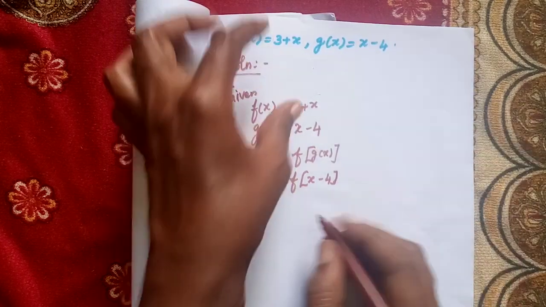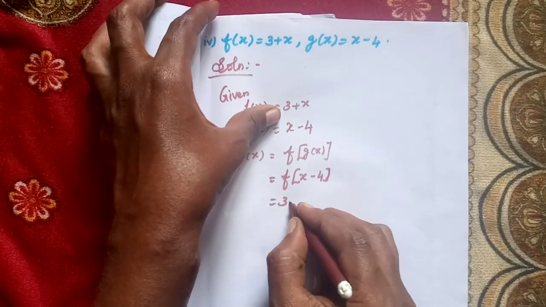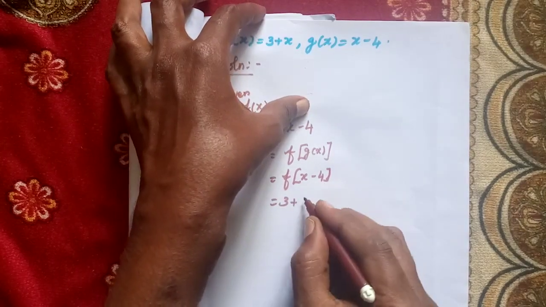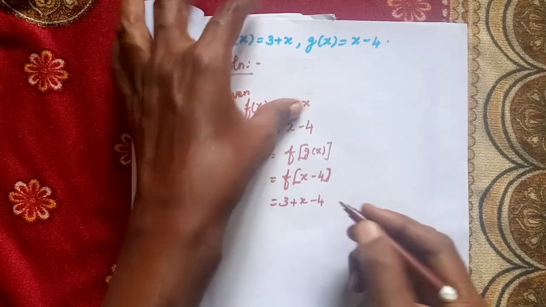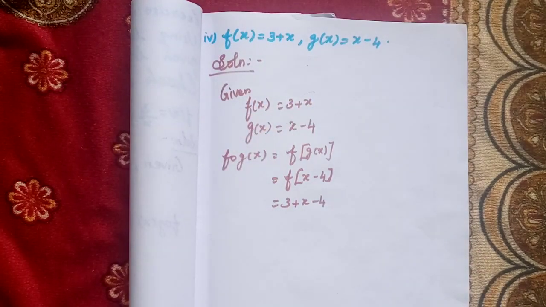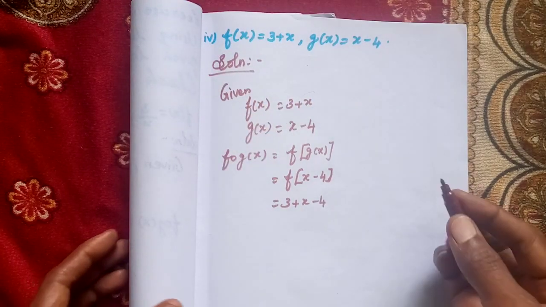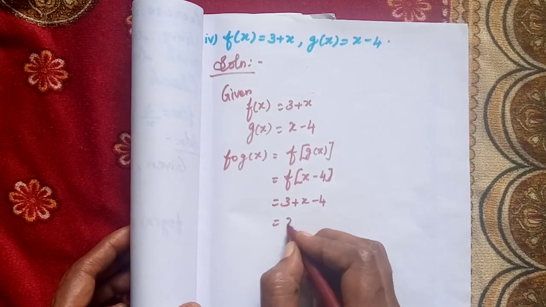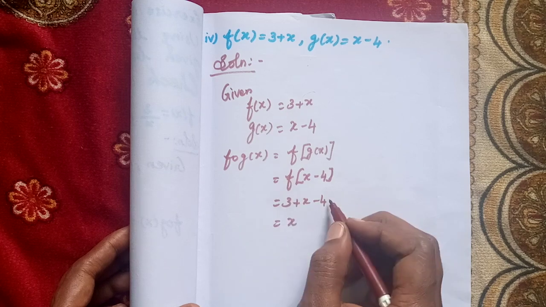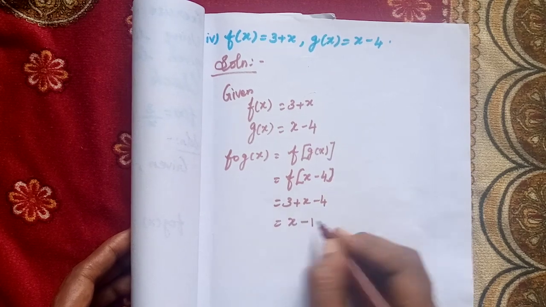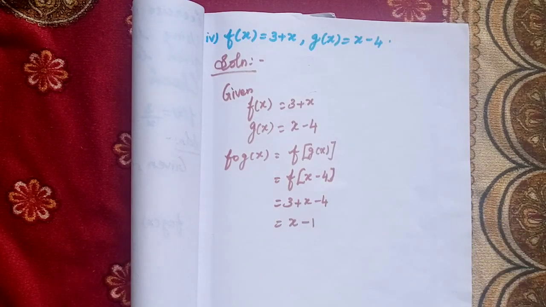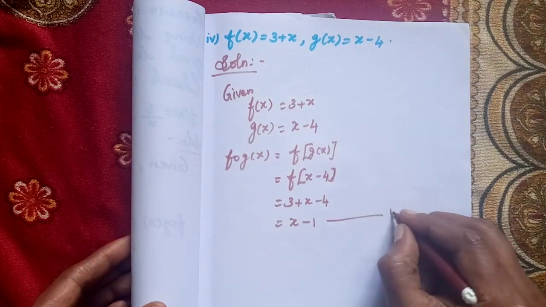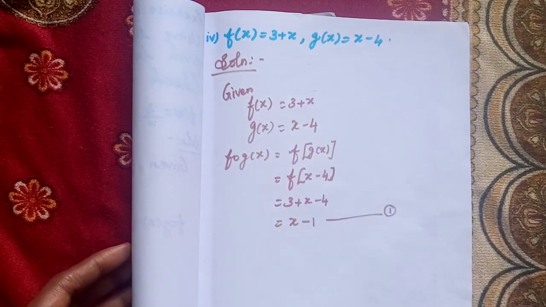So what will we get? 3 plus, in place of x, x minus 4. Now it is equal to x, next 3 minus 4 means minus 1. This is equation 1. Clear?